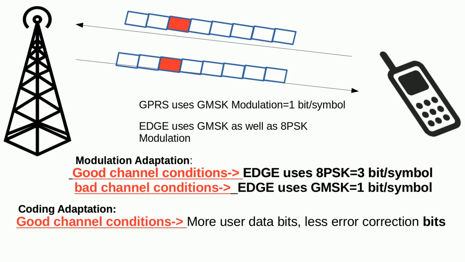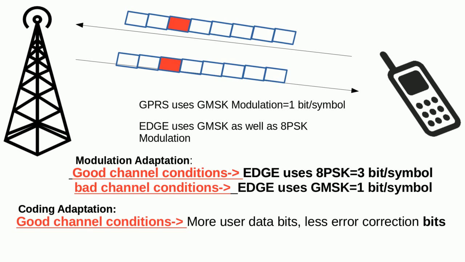Then in this time slot, out of the total effective data rate that one time slot is carrying, we would use more bits for the data or the user information, and a lesser number of bits for the error correction, because the total effective data rate in a time slot is basically the sum of the user information bits and the error correction bits. So if the channel conditions are good, we don't need too many bits for the error correction, so we will use more data bits and our data rate is good. And which case is this? This is the case when we are near to the base station.